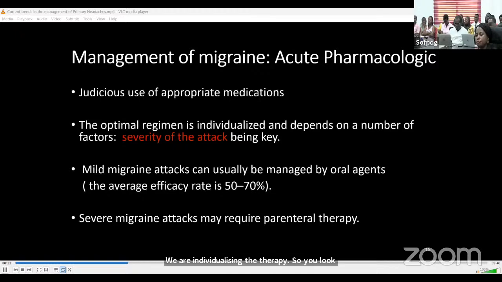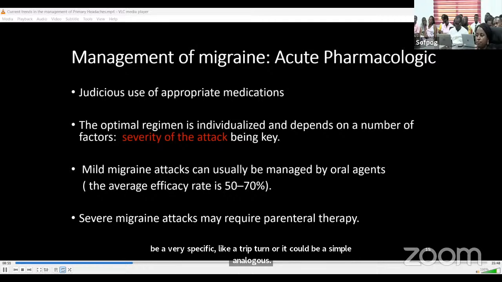You look at the patient as they're presenting, how severe the headaches are, and what their comorbidities are, and you decide whether you are starting with prophylactic medication in addition to the acute or abortive medication. And acute or abortive can either start from an opioid, to a very specific therapy like a triptan, or it could be a simple analgesic like paracetamol or aspirin.